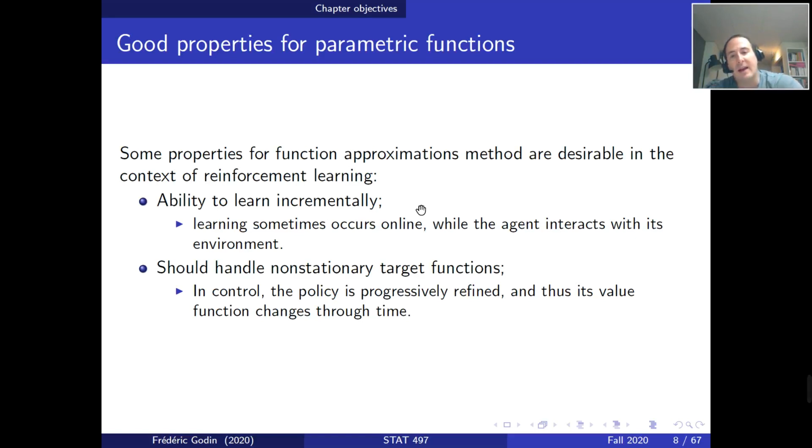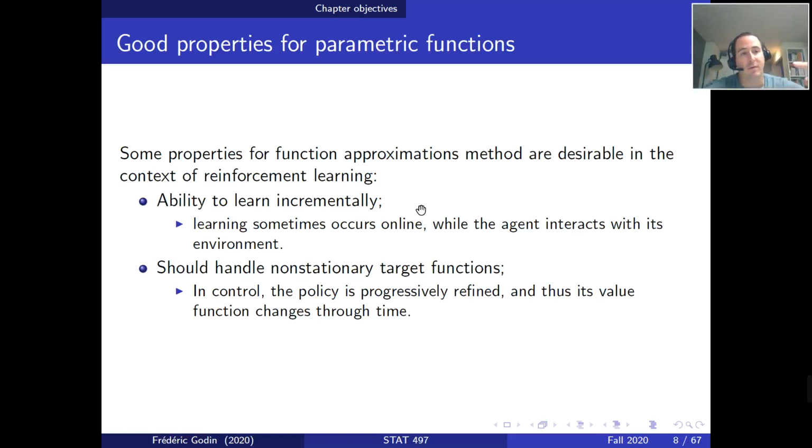Another reason for that is in many problems, the functions should be able to handle non-stationarity. The reason for that is if you apply your algorithms to control problems, then as you refine your policy, your associated value function is changing through time.